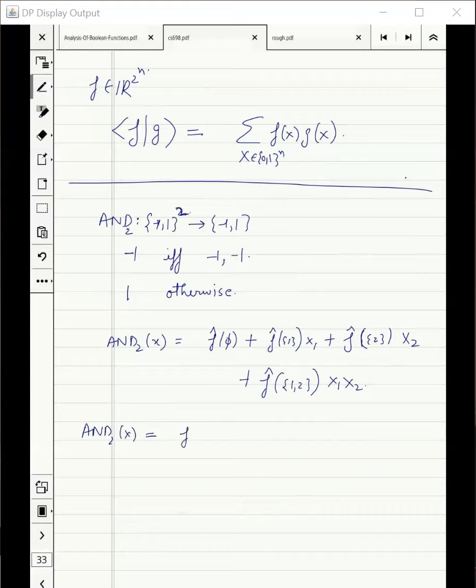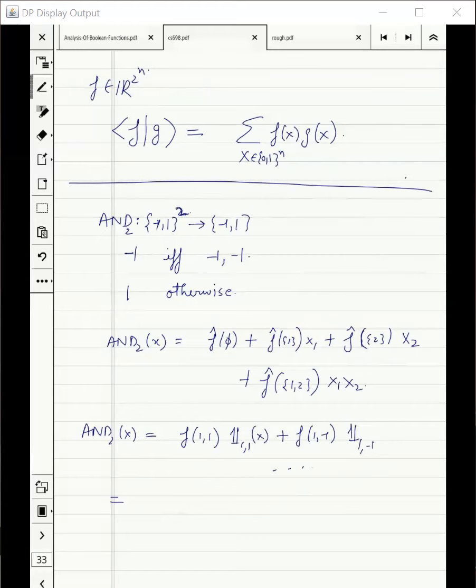Let me write it this way: indicator for 1, 1, indicator for 1, -1, and so on, right? So what is f of 1, 1? What is AND of 1, 1?